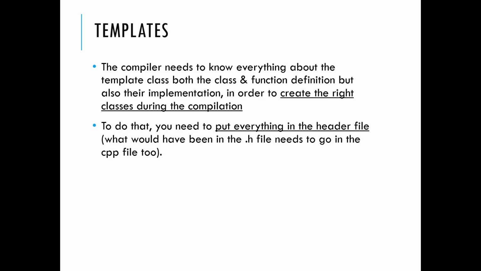So it creates the right classes during compilation. You say, this is a linked list. It will take in data of type T. And when I go to compile, it says, okay, what kind of classes were being stored in this linked list? Oh, it's a string. Okay, I will make a linked list that takes in strings.